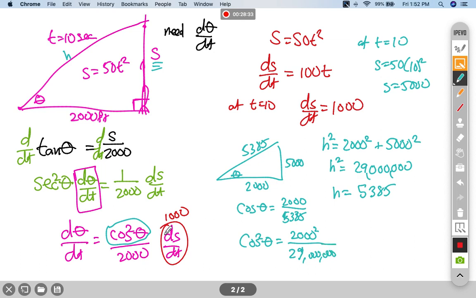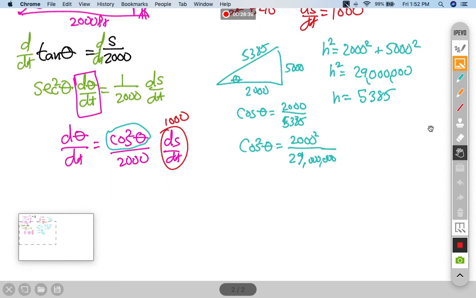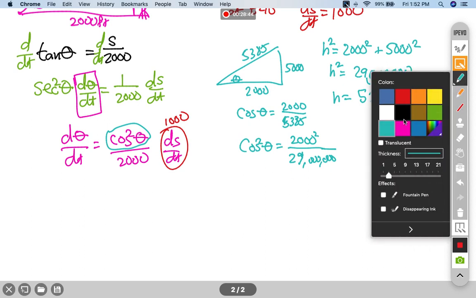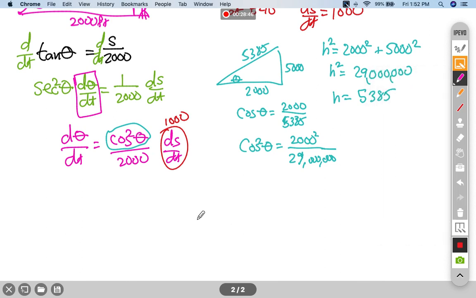So now I can plug that into here. Plugging all of this in together, I will get 2,000 squared over 2,000 times 29 million, times ds dt, which is another 1,000.